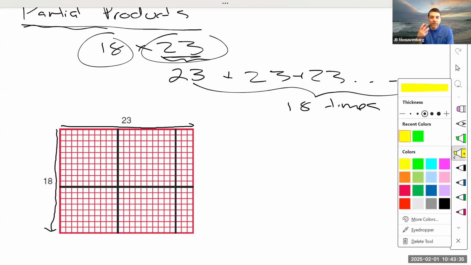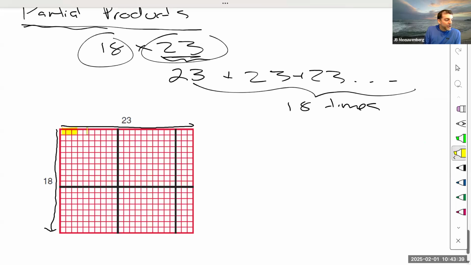So if we first link that to the idea of repeated addition, here is a row of 23, and we would repeat that 18 times from top to bottom. 23 plus 23 plus 23, etc. And you can see how that would be a little complex to do. So that's why we start to use these arrays.